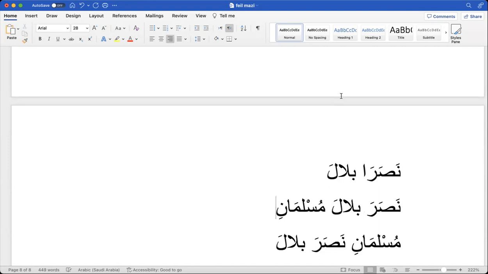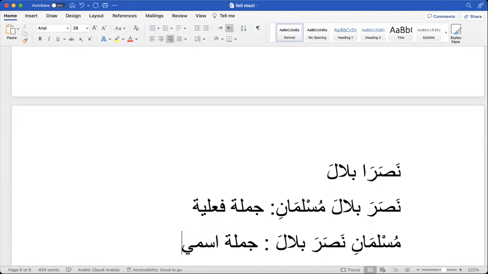So you have Nasara Bilala Muslimani. This sentence is starting with a fail, so it becomes Jumla Failiya. Now this sentence is starting with what? Muslimani, which is an ism. So this sentence is Jumla Ismiya, because it's starting with an ism.